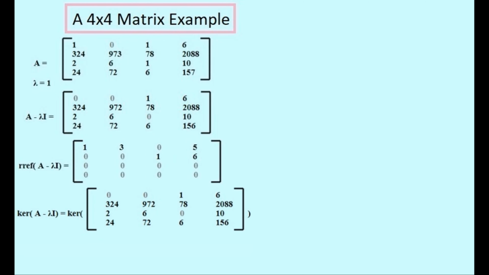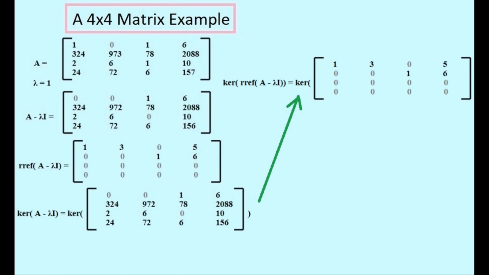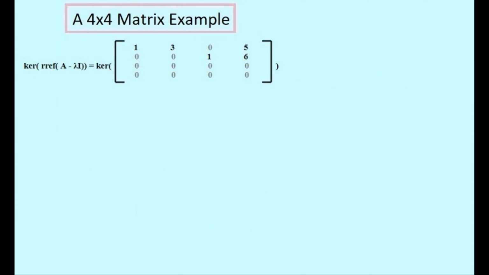So now we have to calculate the kernel of this null matrix, which will be equal to that of its corresponding row-reduced matrix. So the kernel of this matrix will be equal to the eigenvectors of the 4x4 matrix example.